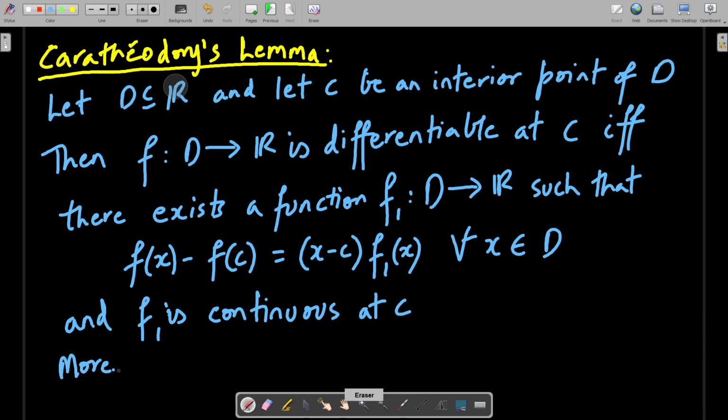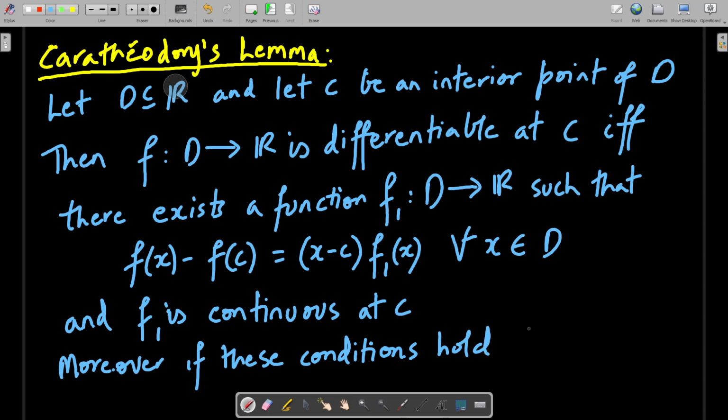Moreover, if these conditions hold, then f prime of c is equal to f1 of c.